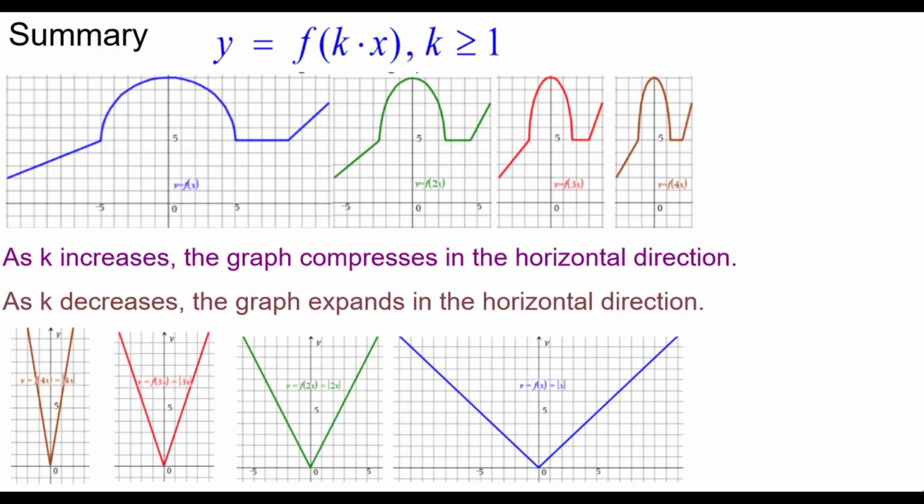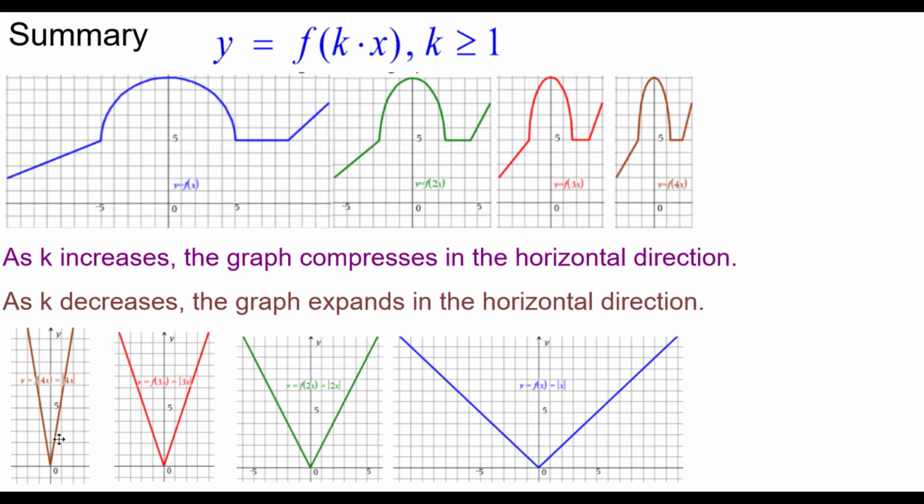All right, let's summarize our findings here. Let's look at y equals f of the quantity some number times x. First of all, when the coefficient is greater than or equal to 1. So look at this. You're going to have to pause this several times so you can let this sink in. As k increases here, the graph compresses in the horizontal direction.